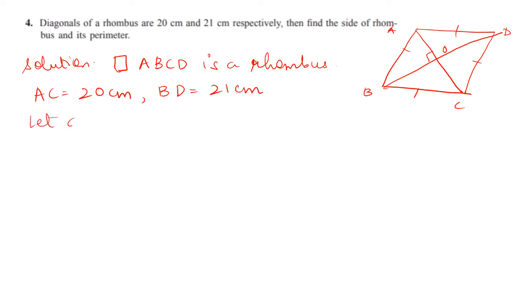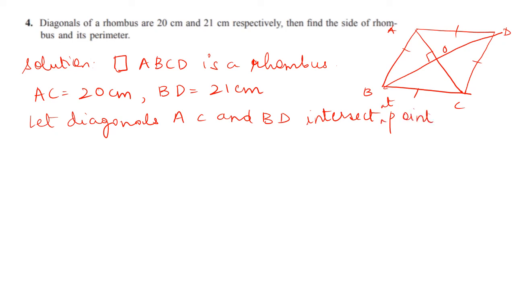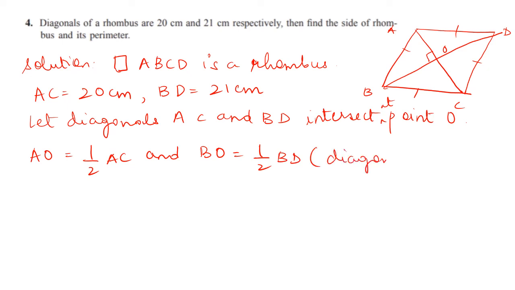Let the diagonals AC and BD intersect at point O. Therefore AO is equal to half of AC and BO is equal to half of BD. Why? Because diagonals of a rhombus bisect each other.